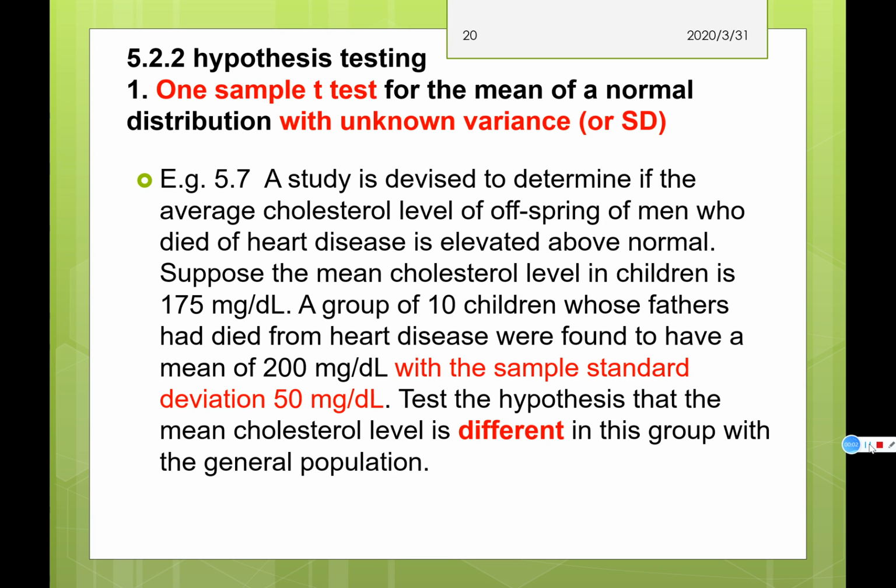Well, let's continue. Just now we have finished the T table and the properties of T distribution. Now we know what the meaning of T distribution is and how to use the T table.